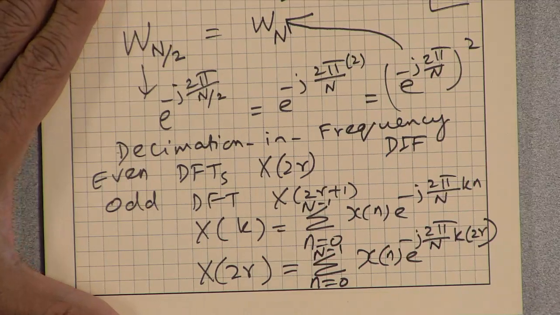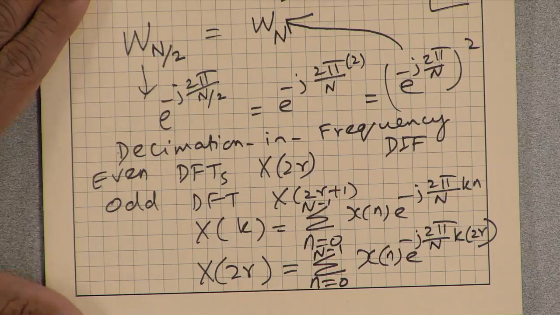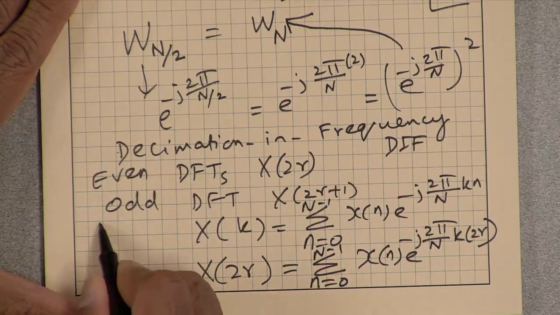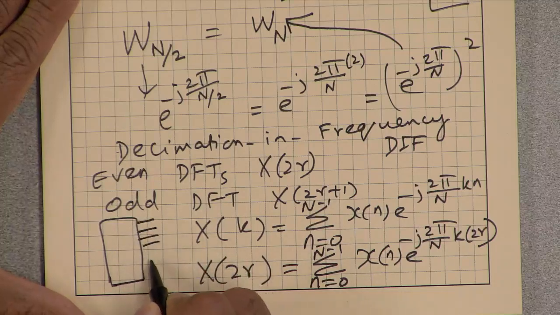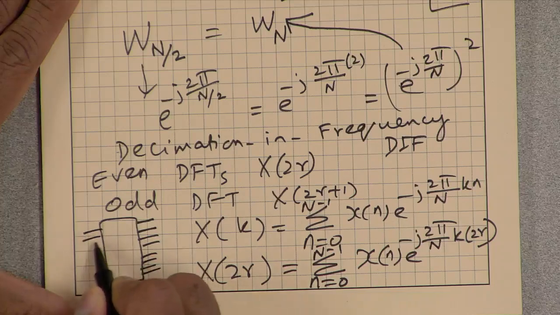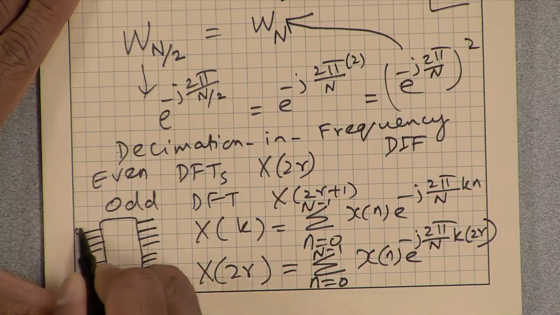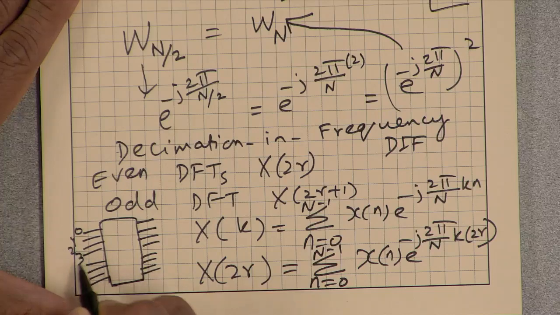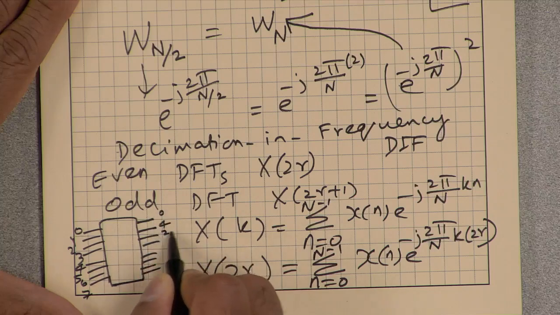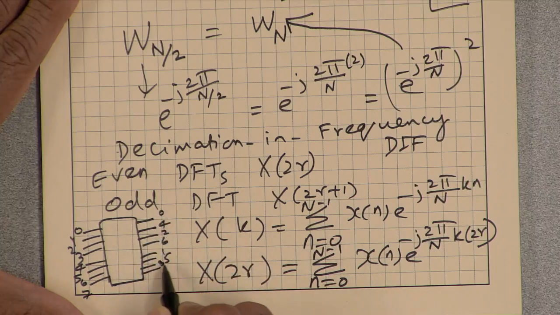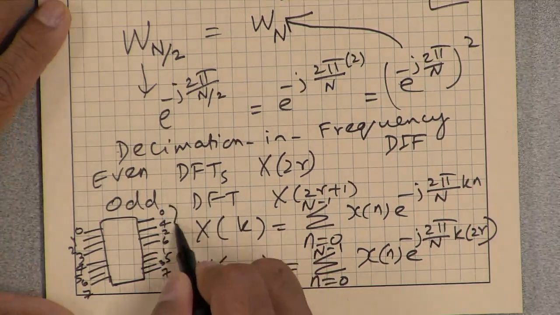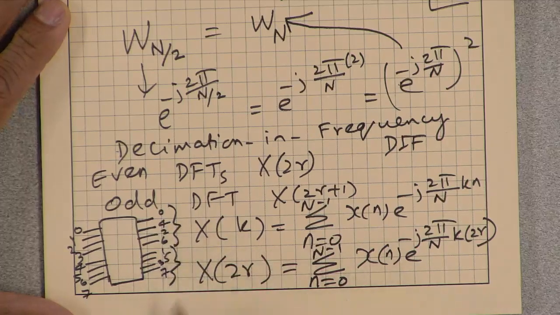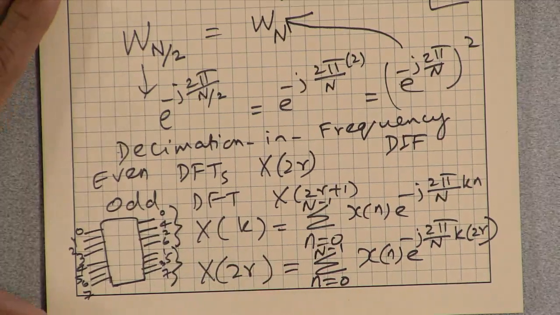Okay. So X[2r] is computing the even coefficients, and X[2r+1] will compute the odd coefficients.